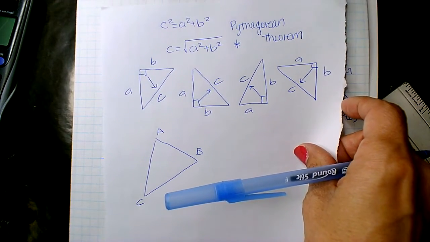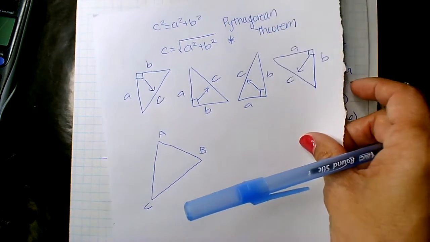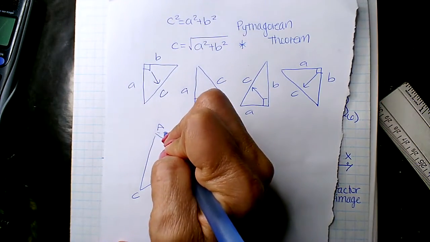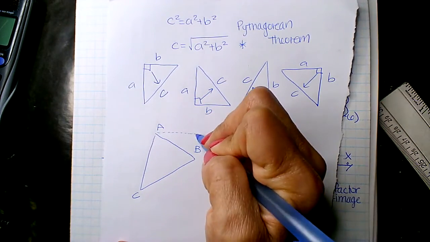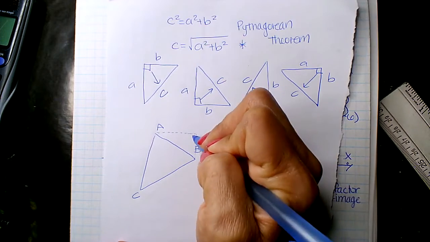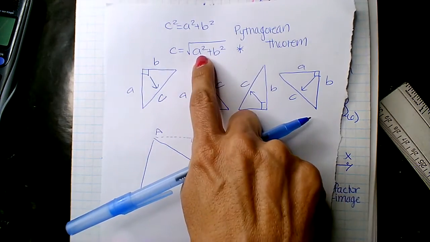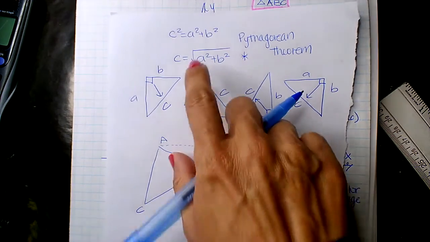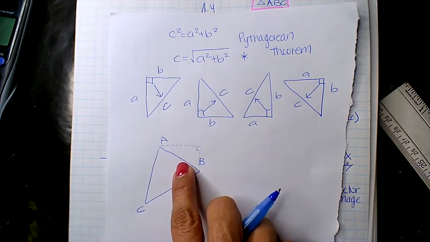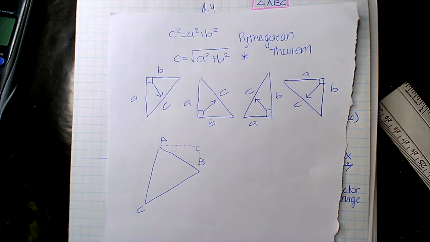So that's where the Pythagorean Theorem kicks in. Okay, so I'm going to count horizontally and vertically, and I'm going to find my A and my B, and I'm going to square it, add it, square root it, and that's going to give me the C value.